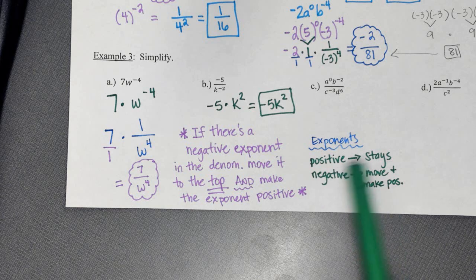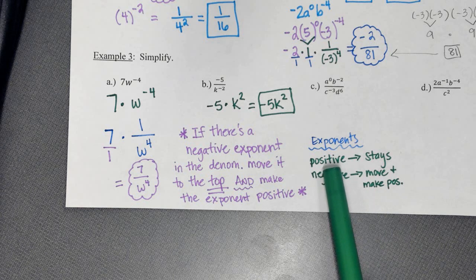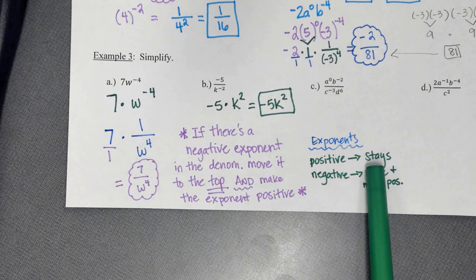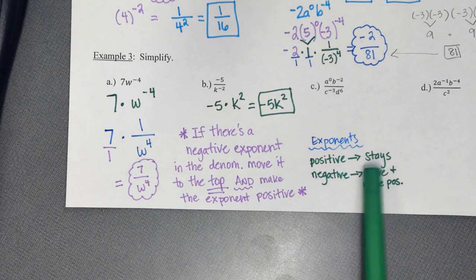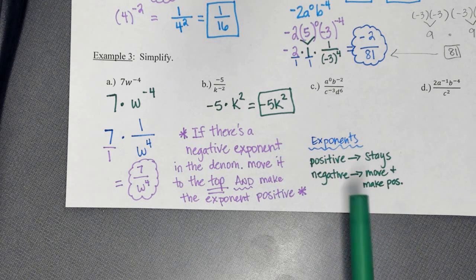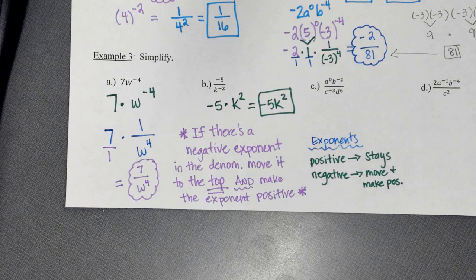So these are the 2 types of exponents that you're going to encounter. You're either going to have a positive exponent that's going to stay, a negative that's going to move, and then you still have to look out for your special cases.